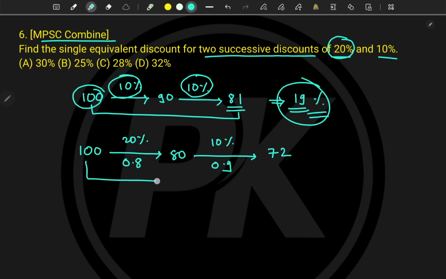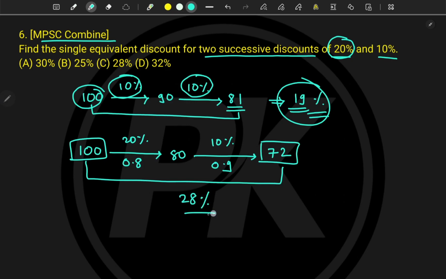Hence, what is the ultimate discount now? 100 was the earlier, initial price. Now the discounted price is 72, and hence the ultimate discount was how much? It is 28 percentage, right? Now tell me which is the option? Option number C. Okay, how much time did it take? Less than 2 minutes. Now let's move on to the next type of problem.